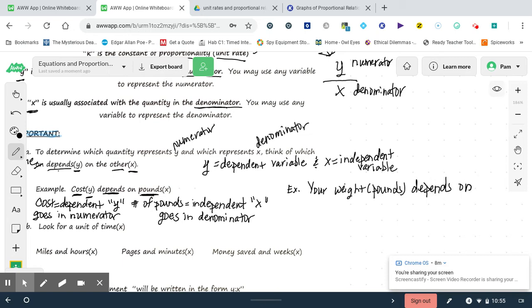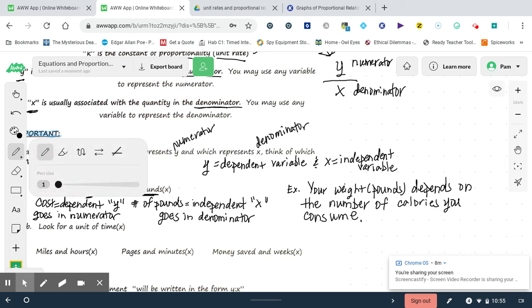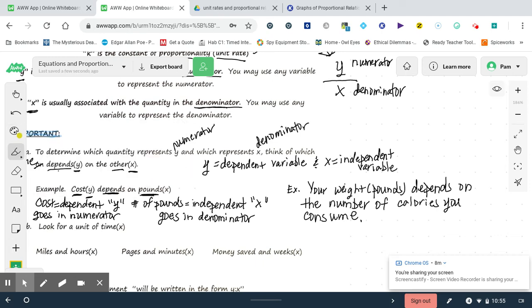We could say your weight depends on the number of calories you consume, in other words, how much you eat. So your weight depends on something, which makes it your dependent variable. So we would say it's more like y, and it would go in our numerator.